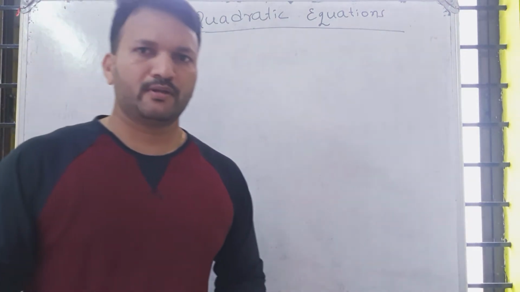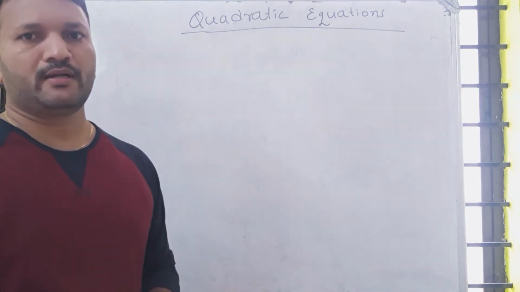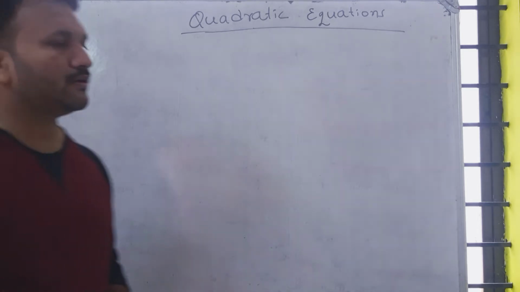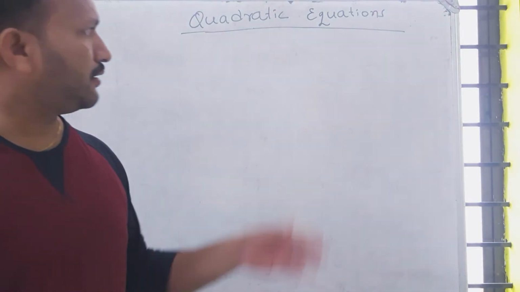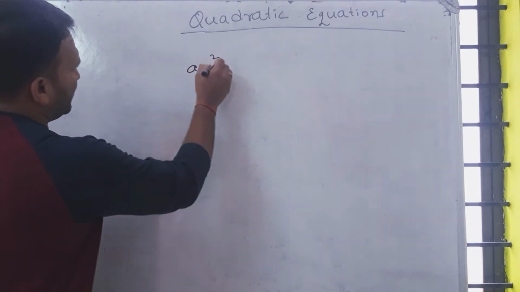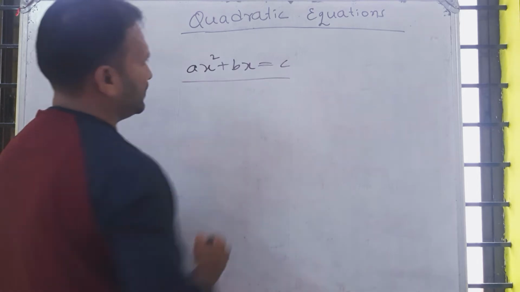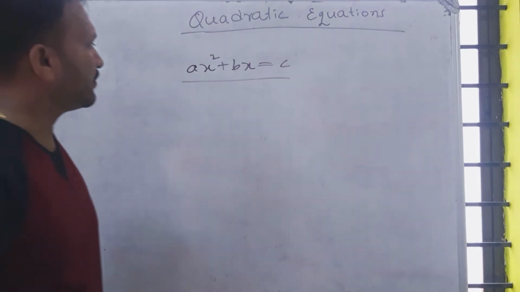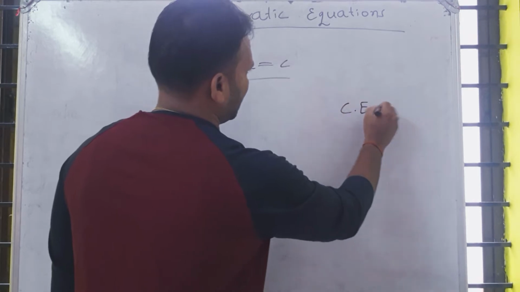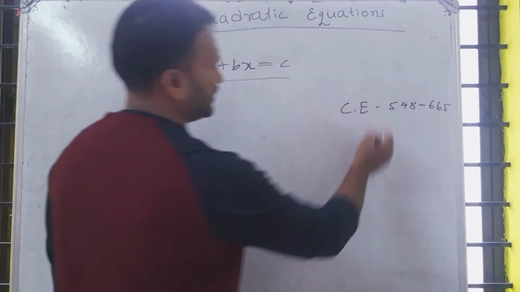Many have worked on these quadratic equations, and it is believed that the Babylonians were the first to solve them. The Indian mathematician Brahmagupta also gave the equation ax square plus bx is equal to c, way back around 598 to 665 CE.